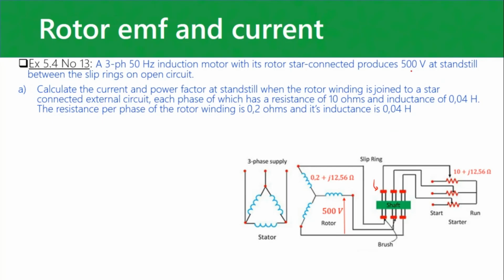So this is our line volts. And it's always star connected. So you always get your EP2 like this per phase, divided by root 3. So I calculate the current and the power factor, you see, at standstill. You immediately write S equals 1.